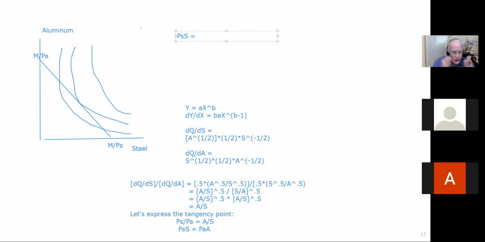So going back to our derivation from the point of tangency, solving for steel, and then substituting for aluminum by using our isocost line.